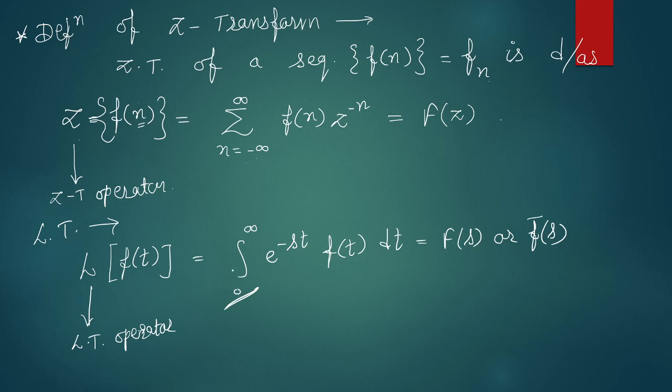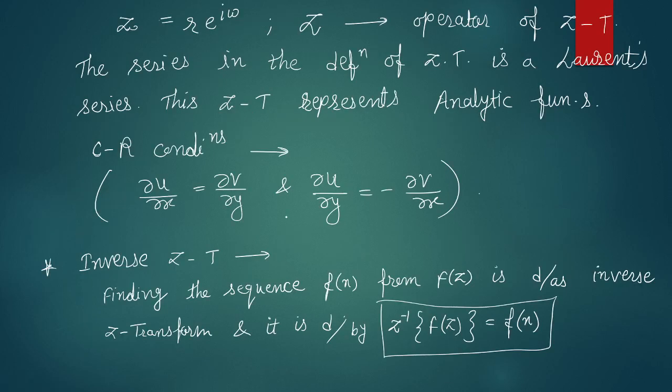Capital L is the Laplace transform operator. When we apply Laplace to the t domain, it converts into the s domain. Therefore here F of s, there F of z. Here we have a discrete function in terms of Z transform, therefore we write it in terms of summation, whereas for a continuous function, the Laplace transform with integration 0 to infinity is used.